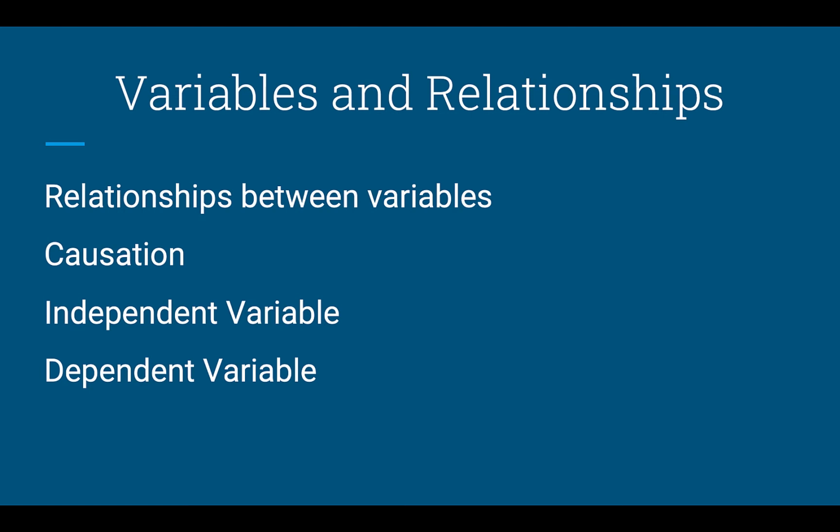So causation is basically saying that one variable is causing a change in another or causing a reaction in another, versus a correlation is when two variables are related, meaning a change or adjustment in one has an effect on the other.